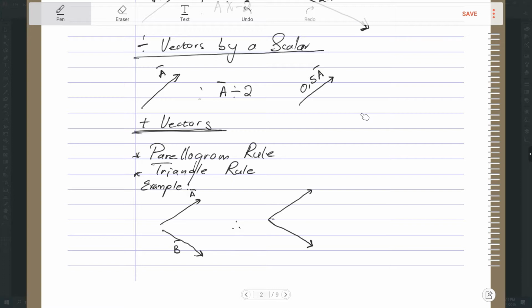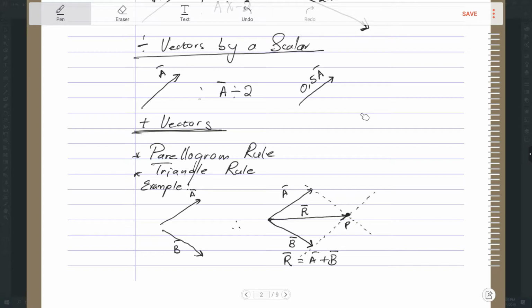So draw the two vectors tail to tail, vector A and vector B. Then draw a line parallel to vector A and a line parallel to vector B. Where the two lines intersect, let's call it point P. Point P will be the stopping point for the resultant vector, let's call it R. Remember, we were adding vector A to vector B. That's all you have to do when you're doing vector addition using the parallelogram rule.